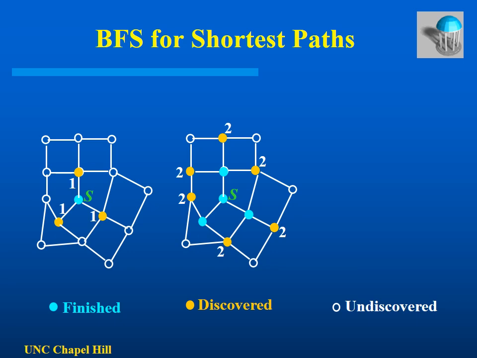We also deal with, for example, the diagonally left node of S. It is adjacent to S plus 2 other formerly undiscovered nodes, which we will mark as discovered.